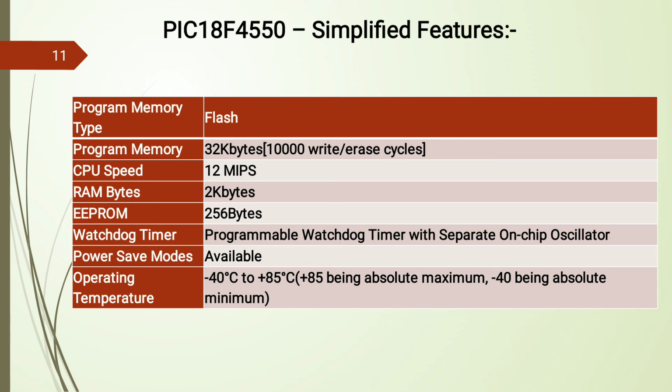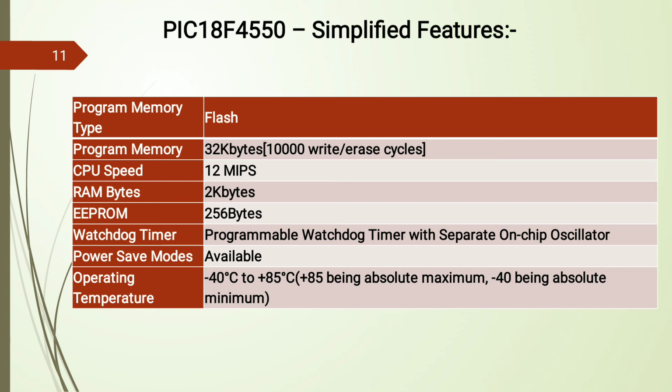After that, power saving modes are also available, and the general operating range for PIC18F is the industrial range, that is minus 40 degrees Celsius to 85 degrees Celsius. That is, it works at minimum minus 40 and maximum plus 85 degrees Celsius. So these are the features of the PIC18F4550 microcontroller.